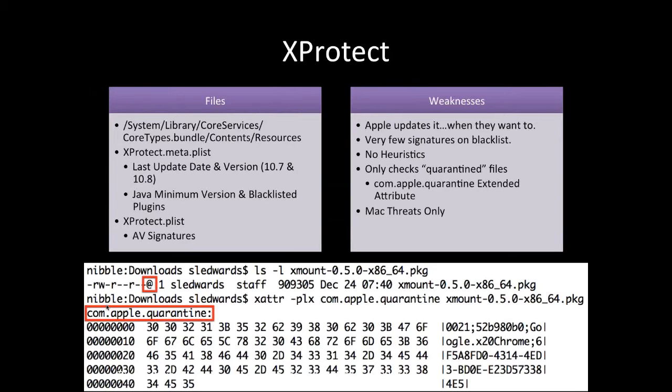And it does no heuristics. I'll show you an example of this in the next slide. So patterns and such, it really focuses on a certain file name or a certain path name. If an executable changes that up in a different variant, XProtect is probably going to fail. And the big one is it only checks quarantined files.